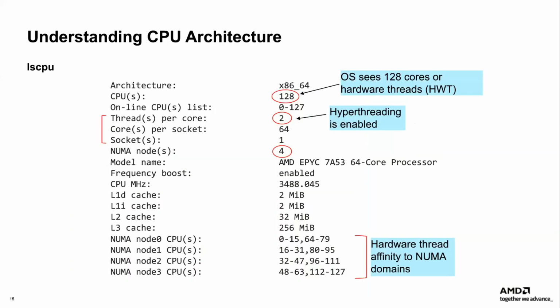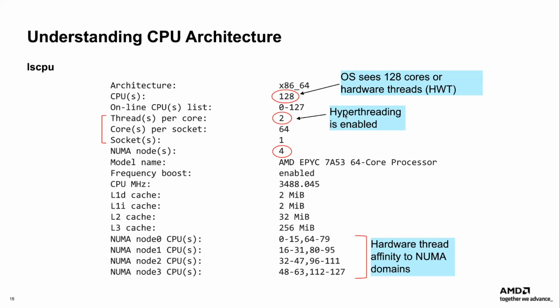What does lscpu tell us? The first thing I look at when I see the lscpu output, this is a filtered list. It doesn't show everything that lscpu shows. But I want to point out some important things here. I will look at how many sockets I have, how many cores per socket there are, how many threads are running in each physical core.